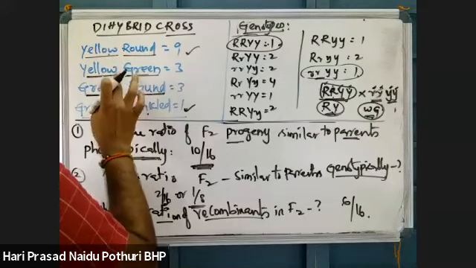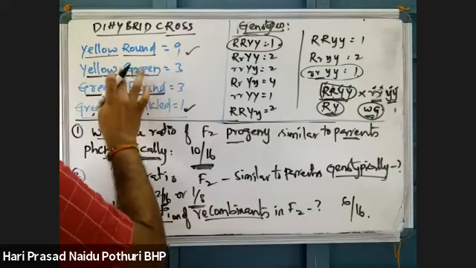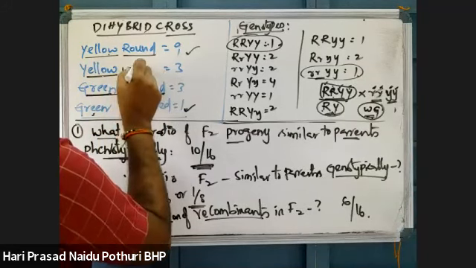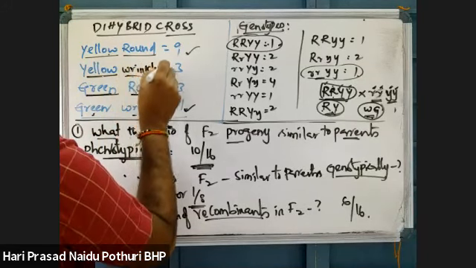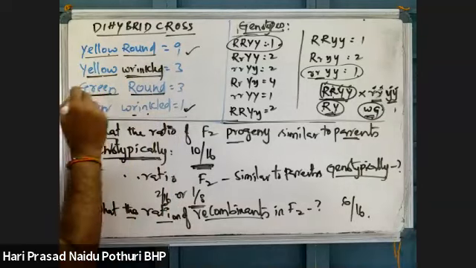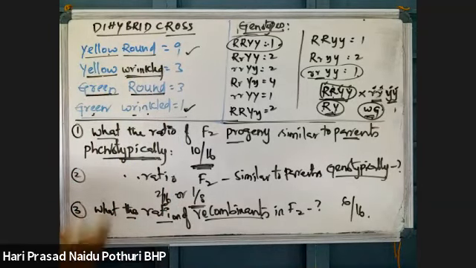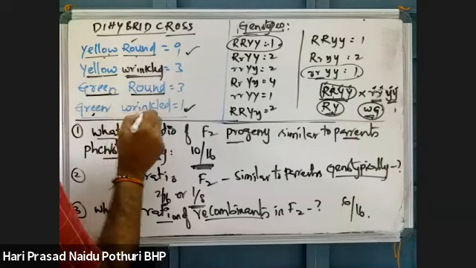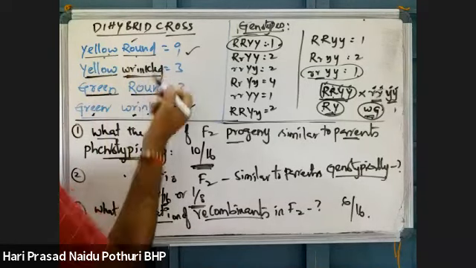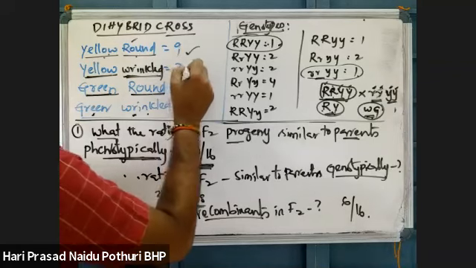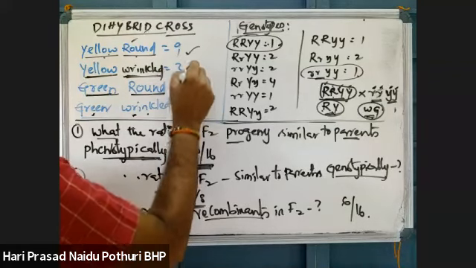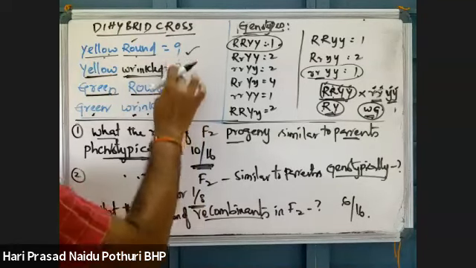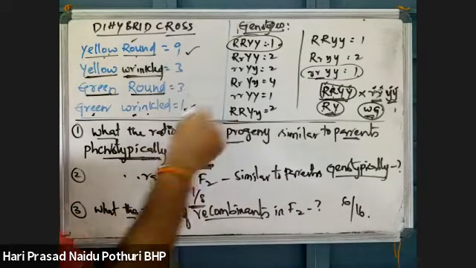Sorry, I wrote green round; it should be yellow wrinkled, green round. Yellow round is parental. Green wrinkled is parental. But yellow wrinkled means non-parental. This is non-parental progeny, so non-parental combinations are formed. 3 plus 3, 6 among the total 16.